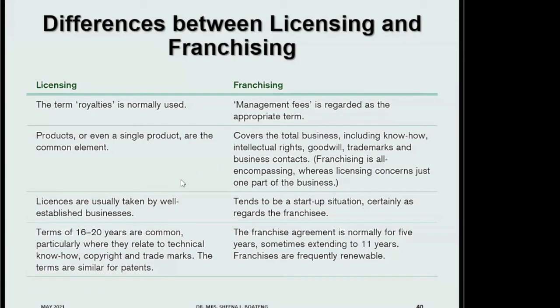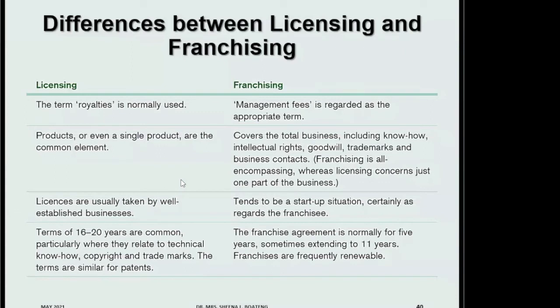Whereas with franchising, it involves the entire business, from know-how to goodwill to trademarks and business contacts, as well as intellectual rights. Because the goodwill of KFC USA is what will make KFC's introduction in another foreign market successful, because of the good name. That is what will make it recognizable as a brand to people in those markets.